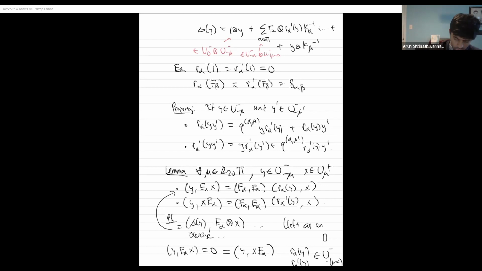And so there we can apply the inductive hypothesis by this lemma. And since the pairing between f alpha and e alpha is non-zero, this forces that r alpha of y with x is 0. And since x is arbitrary here, this forces that r alpha of y equals 0, and similarly my other remark at the bottom of the page still applies.